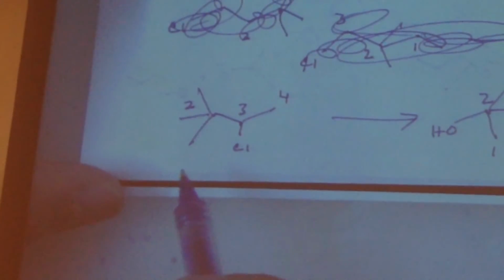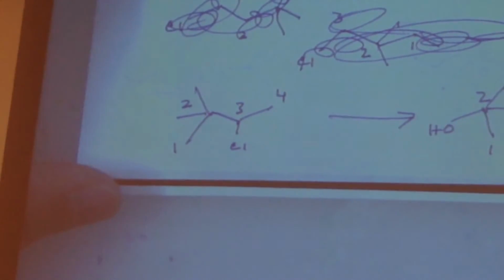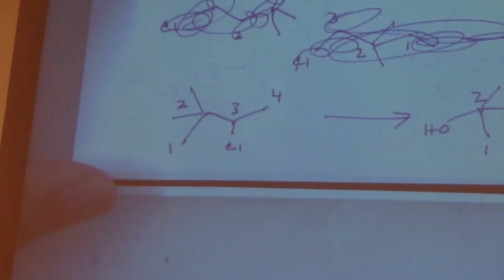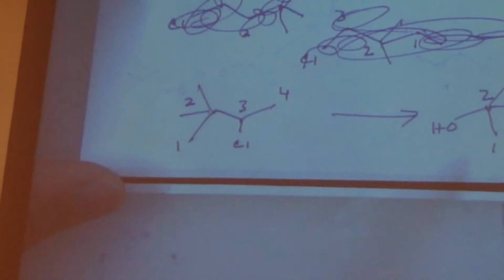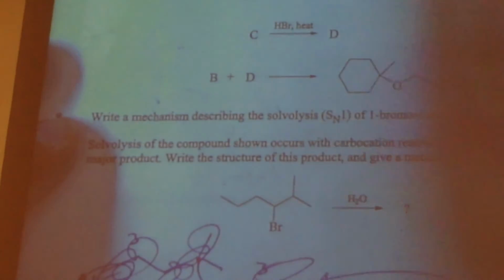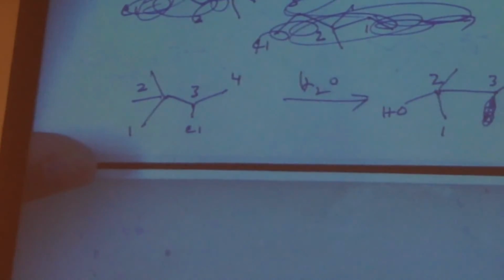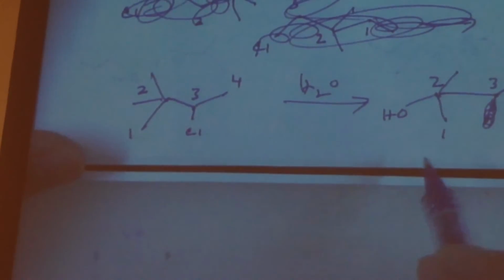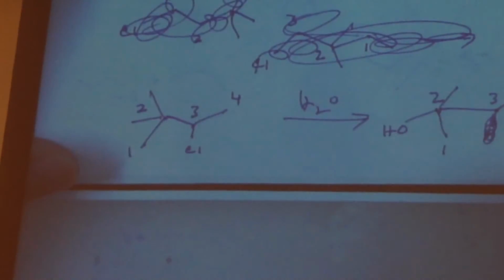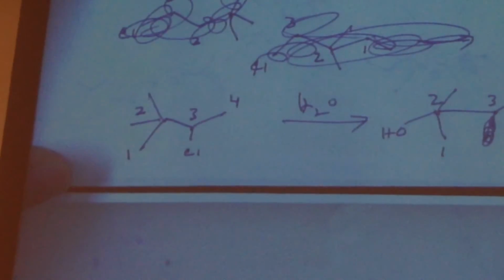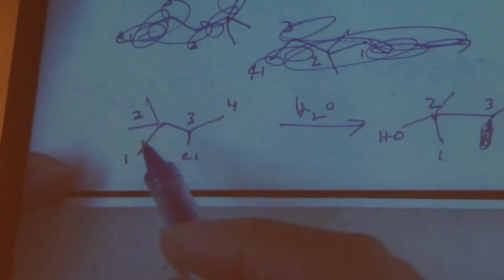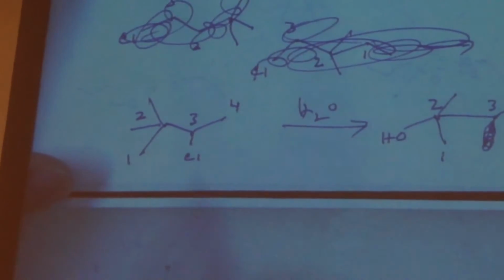You start from this compound, which is, let's say, 2,2-dimethyl-3-chlorobutane, and then after the reaction with H2O or any other solvent like that, it goes to 2-butanol, but with the methyl group you have 1, 2, 3, 4, 5 carbon units. It's also 1, 2, 3, 4, 5 carbon units.